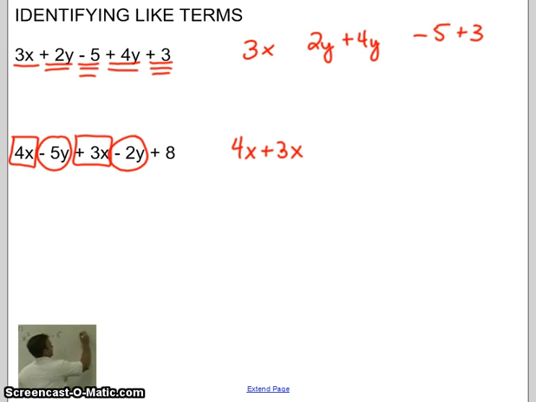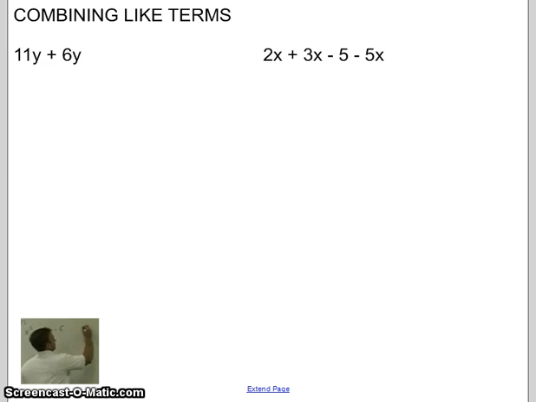Yeah, I have this negative 2y. So I have negative 5y and negative 2y. And then last, I use a triangle. It's all by itself. I have positive 8. So that's how I identify like terms. You can choose either method, whatever you want to do.